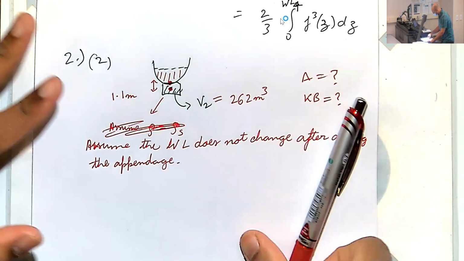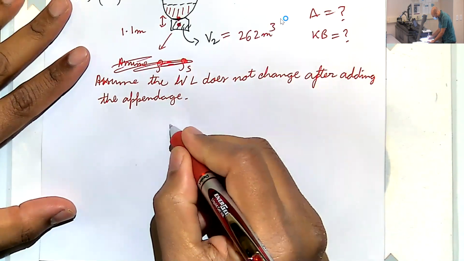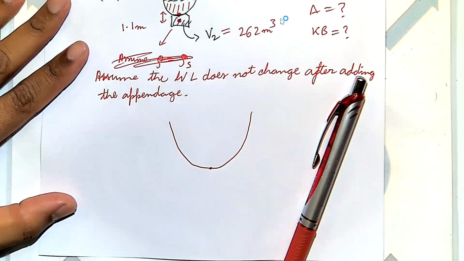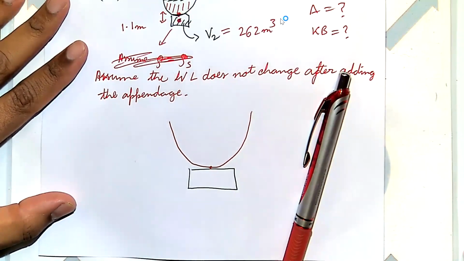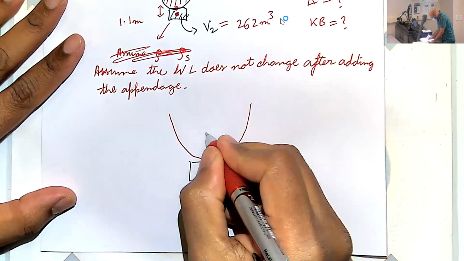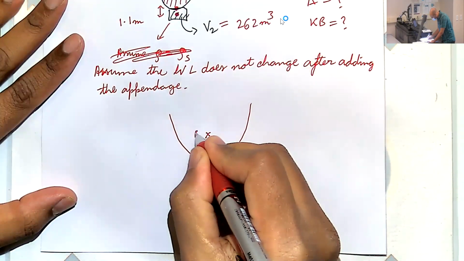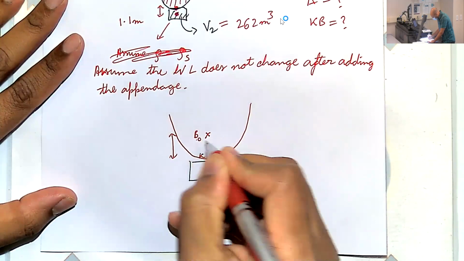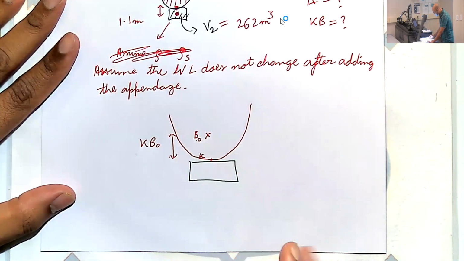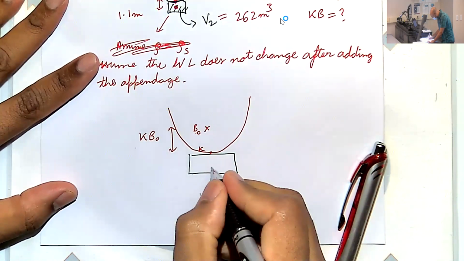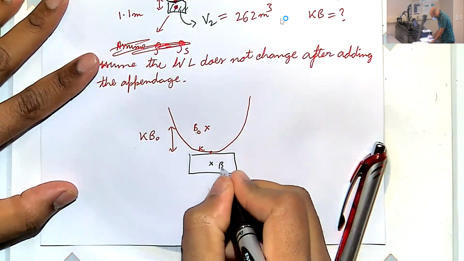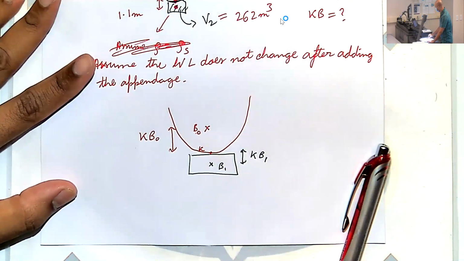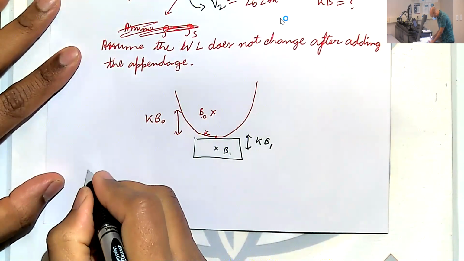Let me redraw this. Let's say the initial center of volume was here, B0, so this is KB0. And this new object we've added has another center here, B1. This is KB1. Then we're asked how to compute KB combined.